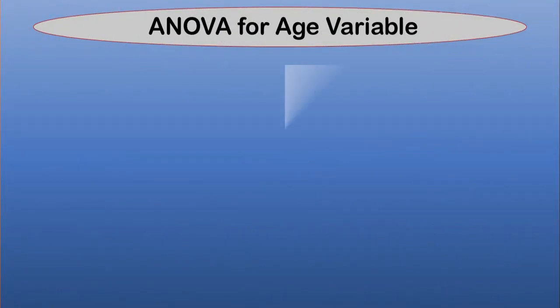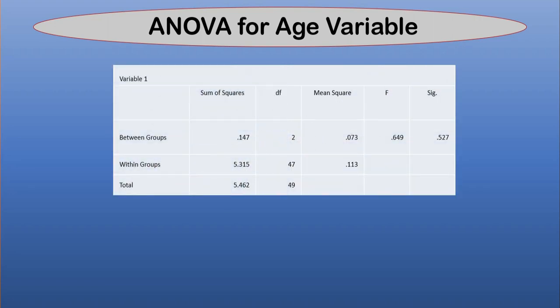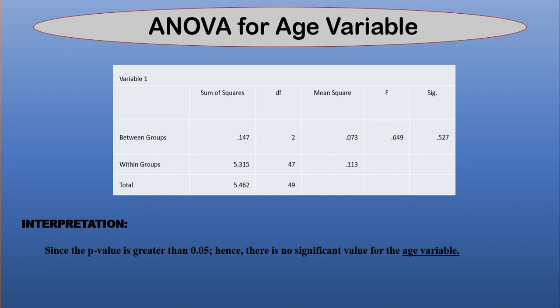We analyzed each level and compared the means using one-way ANOVA. We put the first variable in the dependent list, and we selected the age section for the factor. Then we went back to the options and the statistics should be descriptive.